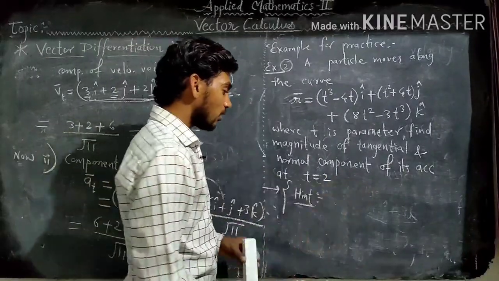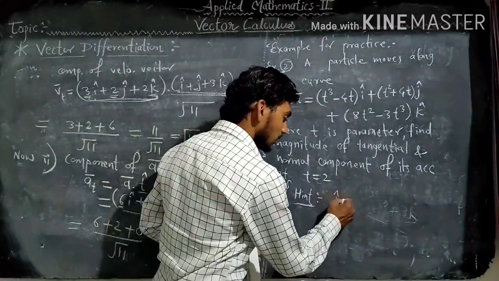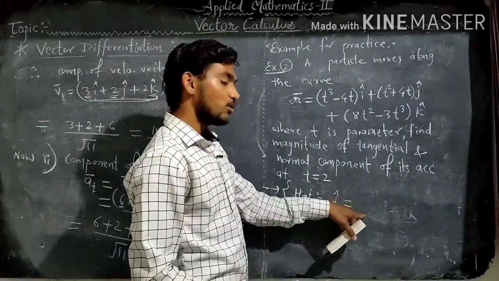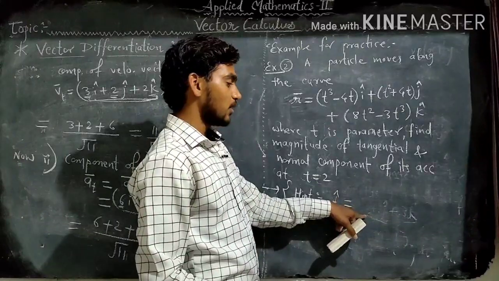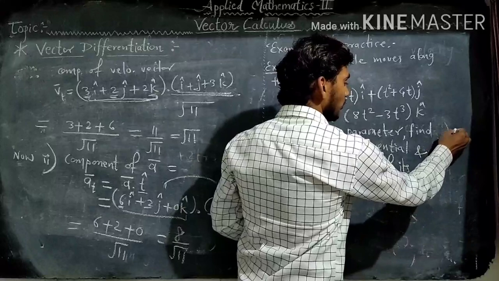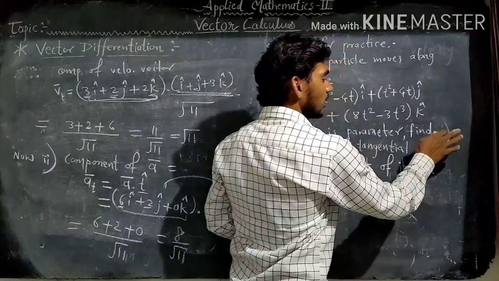So in order to find the unit tangent vector, as the direction is not given, you have to take the direction of velocity, because velocity vector is always tangential to the path of the curve.